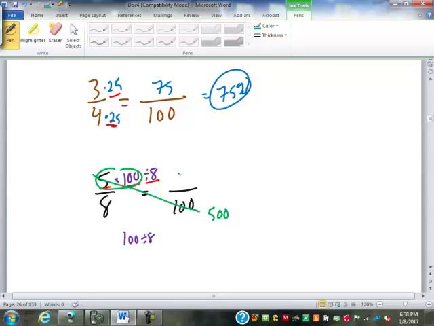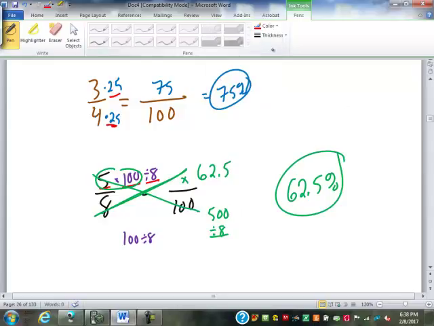Then there's a third number that's on the other diagonal all by itself, or diagonal to our missing number. We can call this x if we wanted to. We're going to divide by that number. So it's 5 times 100 is 500 divided by 8, which is 62.5. So 62.5 out of 100, or 62.5%.